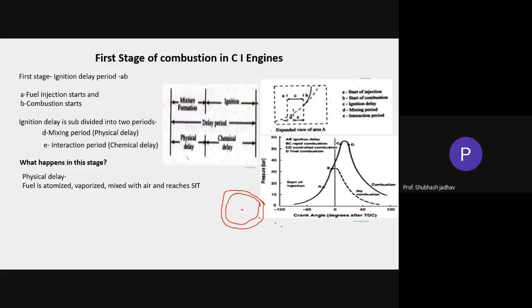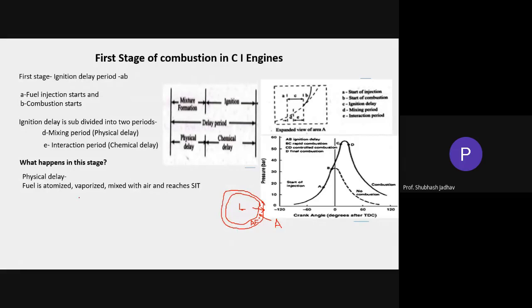So there are three different things in three different regions. Here it is completely liquid, so fuel in the liquid form. Here it is air and fuel mixture, and here it is only air, because air is trying to diffuse in, fuel is trying to diffuse out, and therefore in this region you are getting a blanket, or a cover, of air fuel mixture.